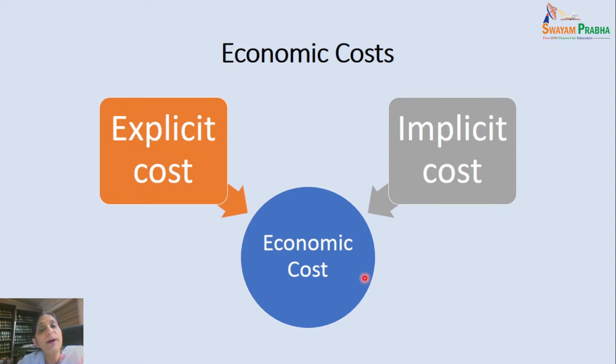Whereas when you talk about accounting cost, we only talk about the cost which is explicit, which you're actually paying for the use of resources. We do not talk about this implicit cost in accounting, but we talk about it in economics, because if we do not consider this implicit cost, we will not know whether the resource which we are employing is being used in its best possible way or not.